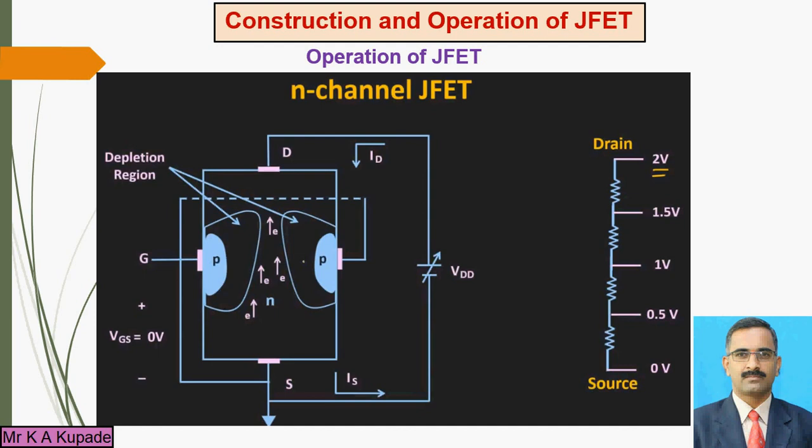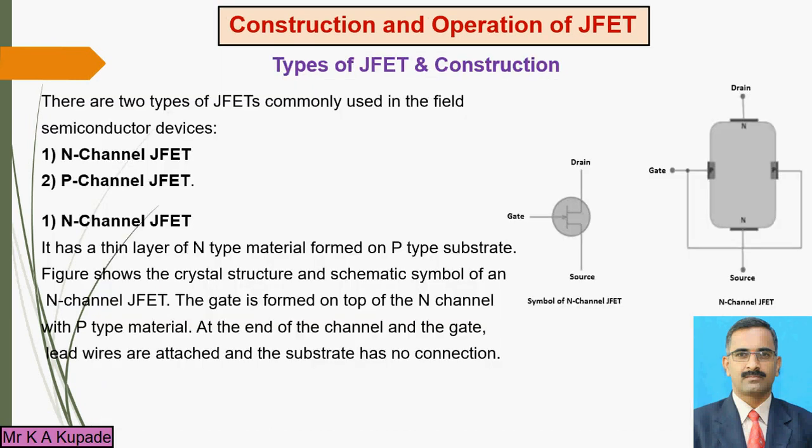Now, considering the construction and operation of JFET, already I discussed that there are two types of JFET. One is the N channel JFET and the second one is the P channel JFET. This slide shows the N channel JFET.